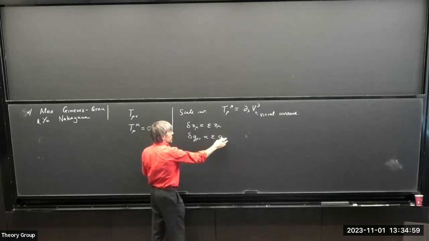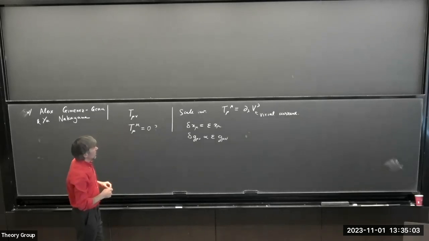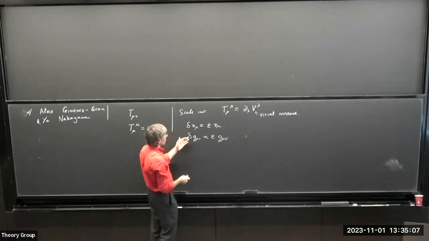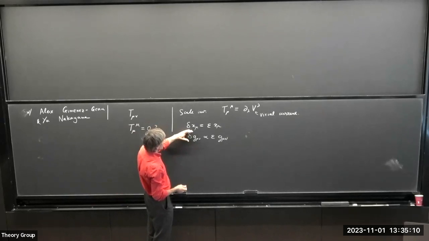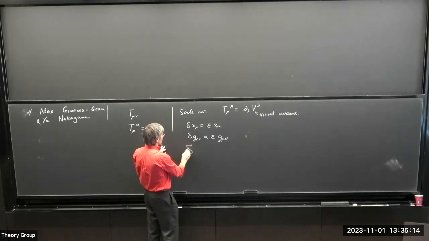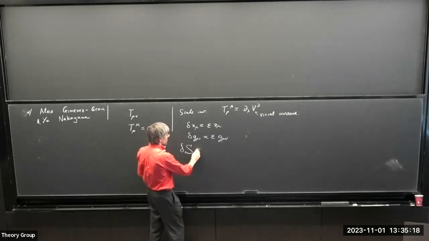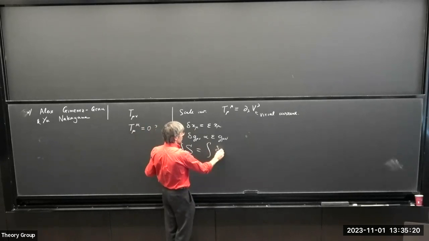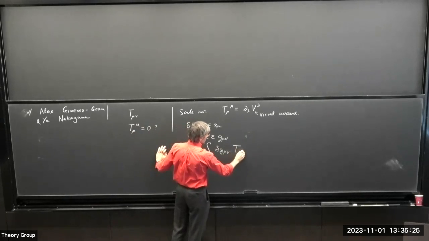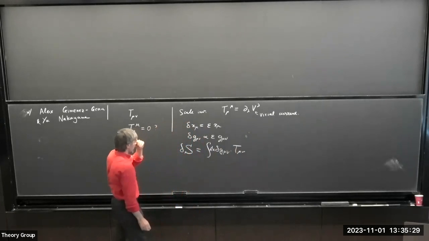So a scale transformation just rescales the metric by a constant factor. As we know, when you change the metric of the system, the action of the field theory changes by the integral of the change of the metric times the stress tensor. This is the usual formula.